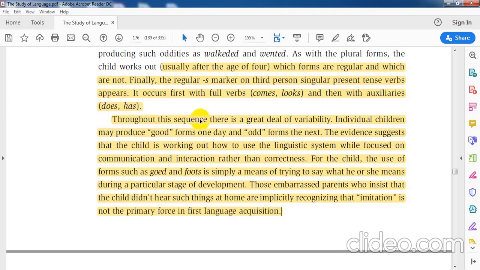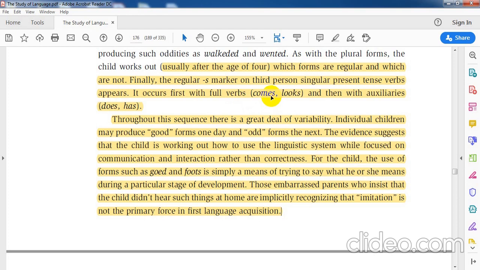Now, throughout this sequence, there is a great deal of variability. You see here, we have different versions. Individual children, some children may produce good forms one day. So they may use came in its correct place on time for a minute. But later, maybe another day or on another occasion, they may tend to use comes instead of came.